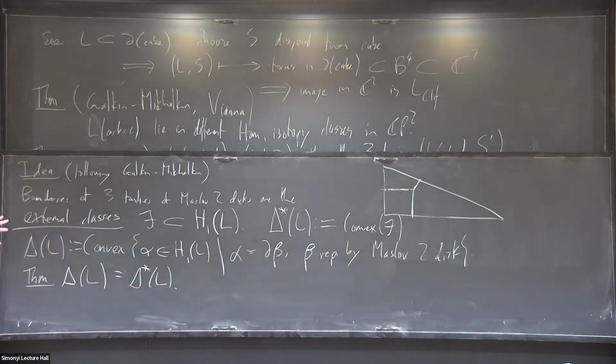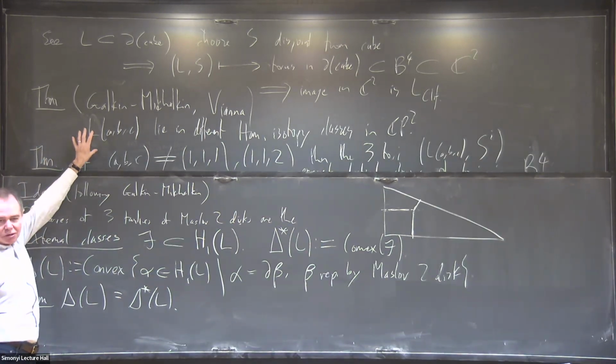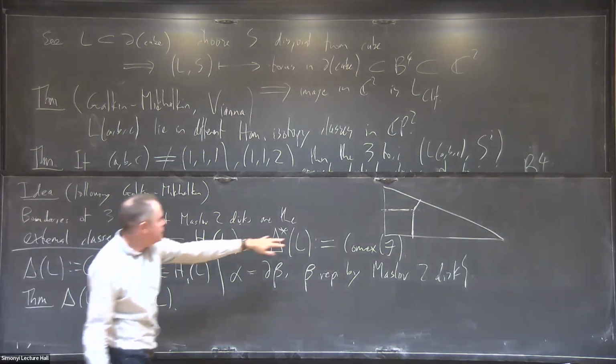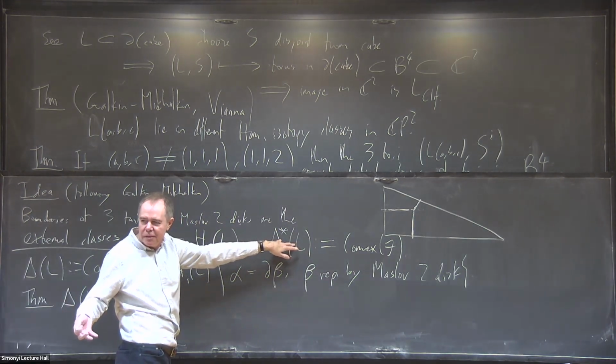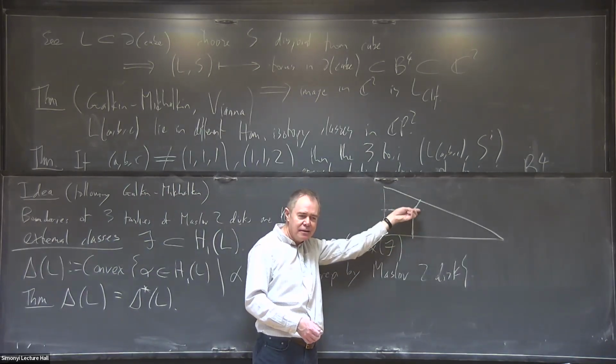So this is kind of a great thing. I don't know exactly what all the Maslov 2 disks are, but at least I know the convex hull of them. So in particular, if you want to prove that these tori are distinct, you just say, on the one hand, the extremal disks determine the moment polytope, because it's determined by classes which are perpendicular to the edges.